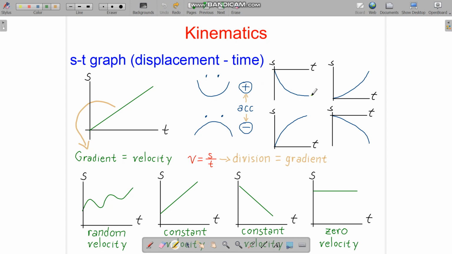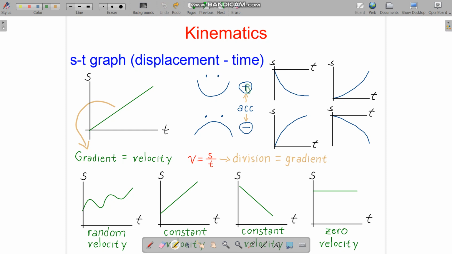So this means the gradient is getting less negative, or we can say the gradient is actually increasing. The gradient, which is the velocity, is getting less negative, or the velocity is increasing.